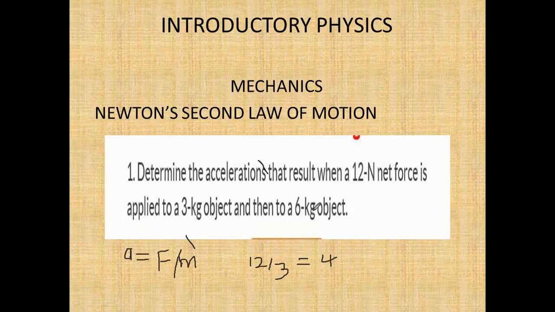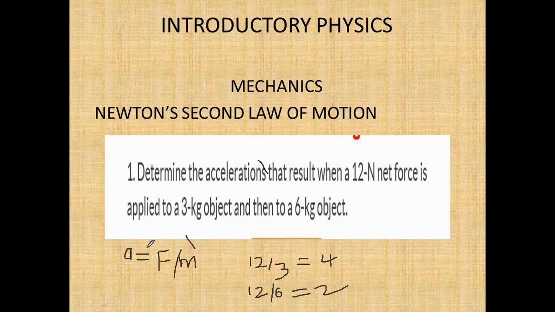And then to a 6 kilogram object. So the net force was applied to a smaller object and then a larger object. For the larger object, it's the same force, 12, but the object is larger in terms of mass. So the acceleration here is 2 meters per second squared.